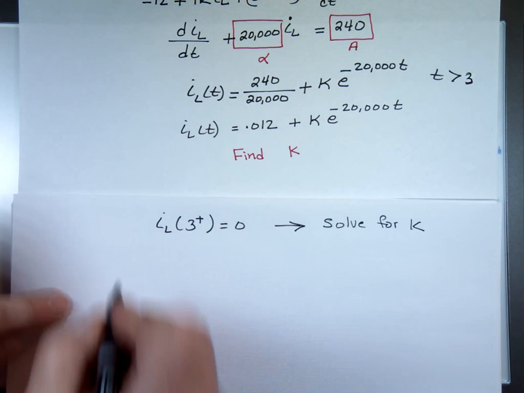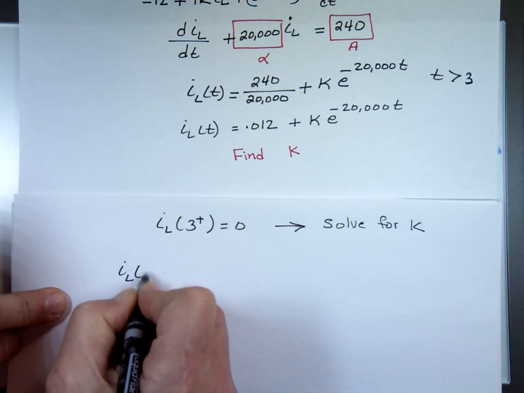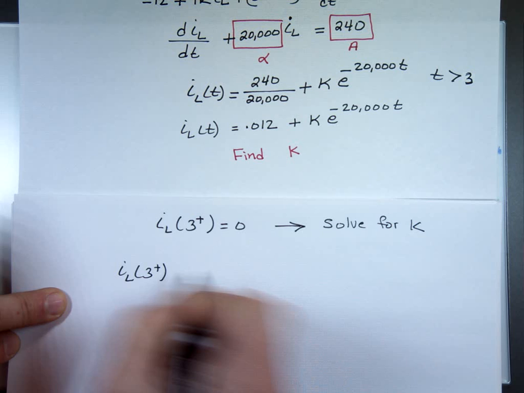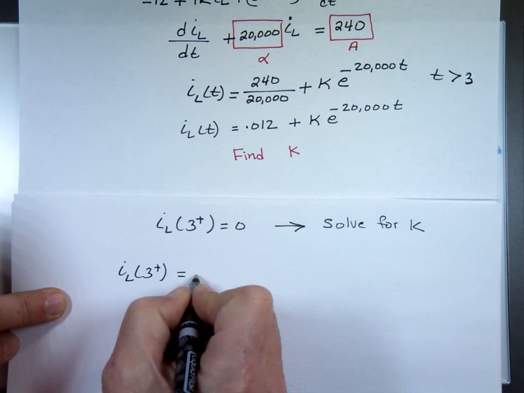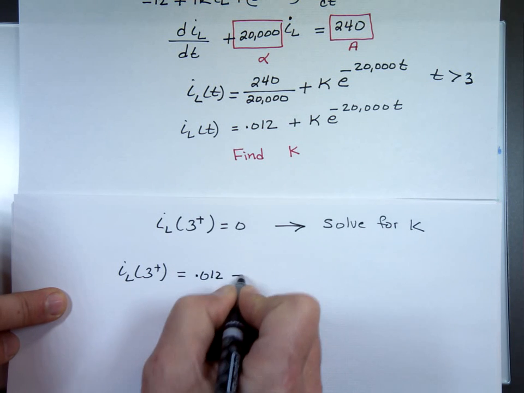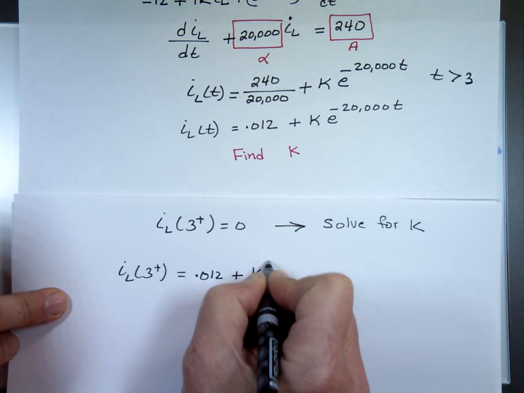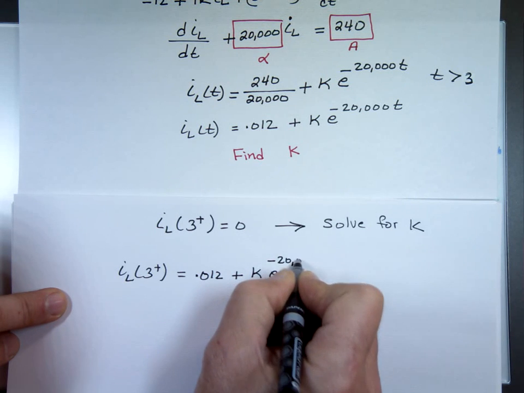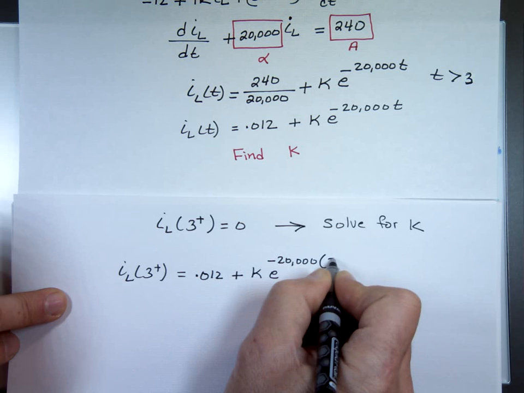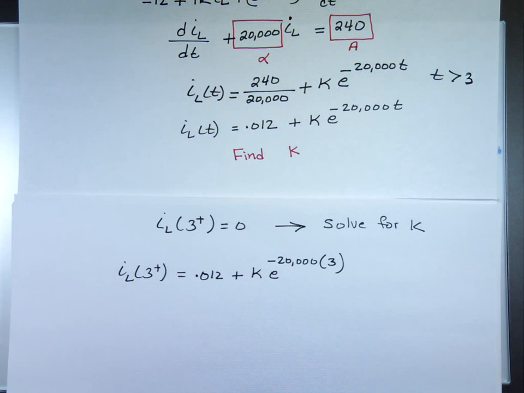I sub L at 3 plus means 3.012 plus k e to the power of negative 20,000 times 3.